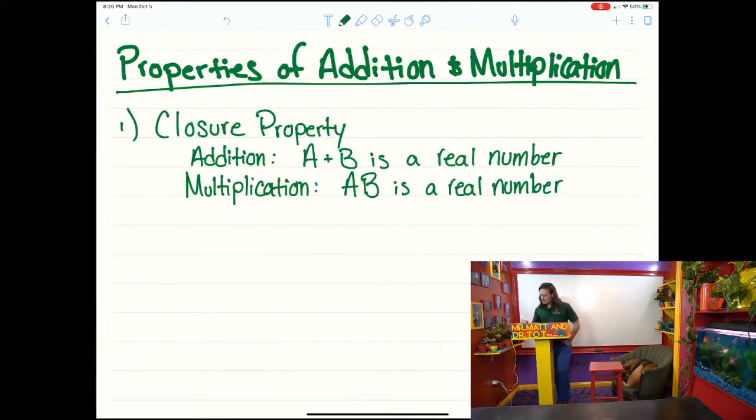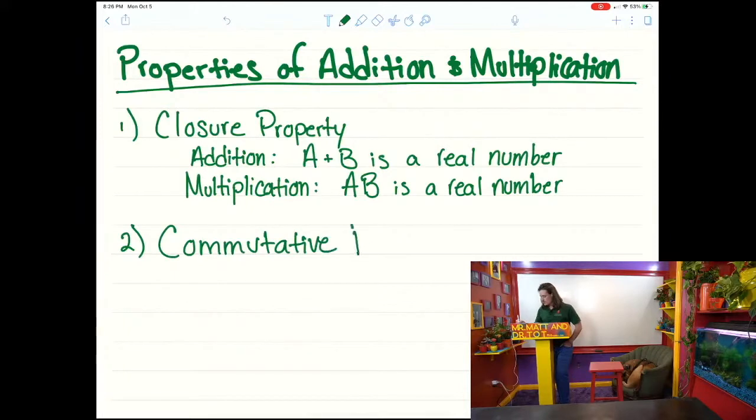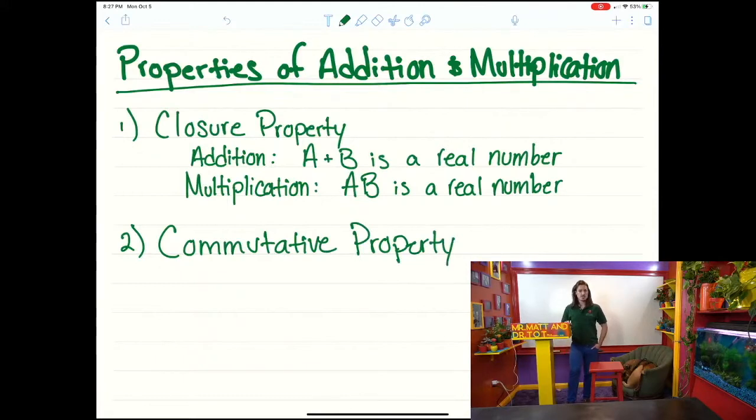And what the commutative property says basically is that with addition and multiplication, order does not matter. Order has no effect on addition or multiplication. 2 plus 3 is 5. 3 plus 2 is 5. 3 times 2 is 6. 2 times 3 is 6.